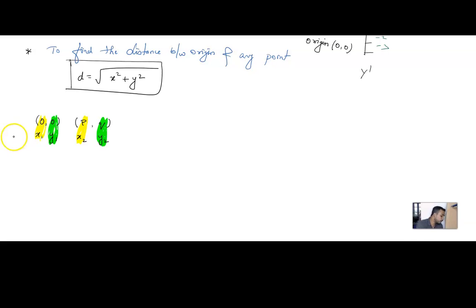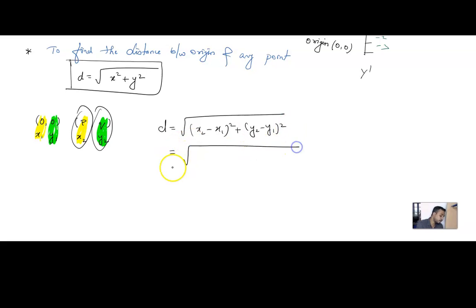Now let me apply this in the distance formula. Remember, x2 means p, y2 means q. So d is equal to root of x2 minus x1 whole square plus y2 minus y1 whole square. Now we are finding the distance between the 2 points, x1, y1 and x2, y2. What is the value of x2?